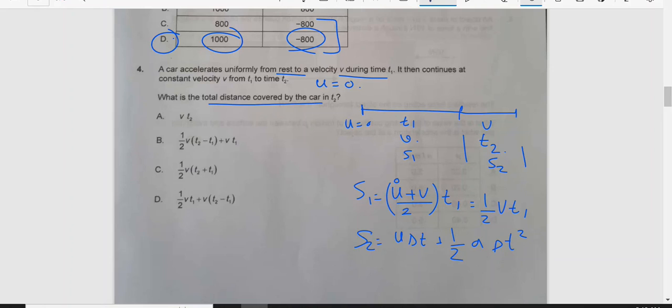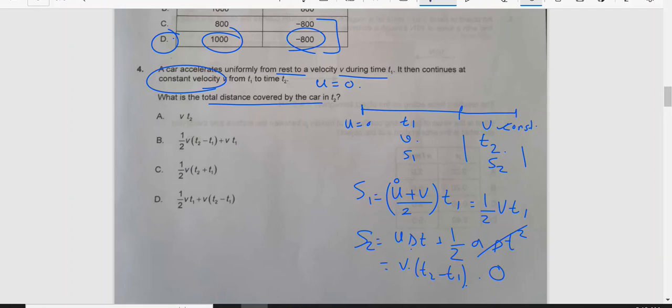The initial velocity in the second leg will be v. It will be v times the change in time, which is final minus initial. Since it moves with constant velocity, I will not have acceleration. The acceleration is 0, so this part is 0.